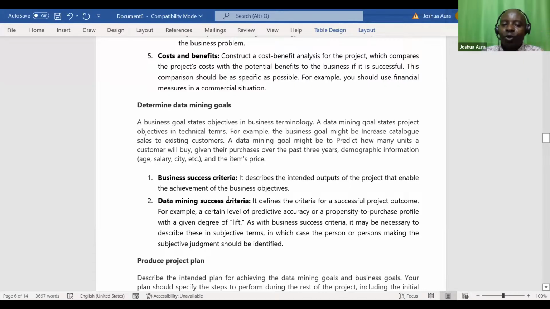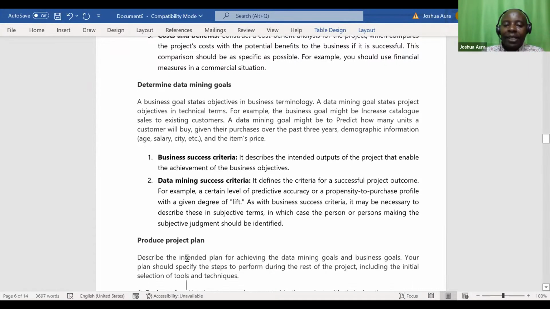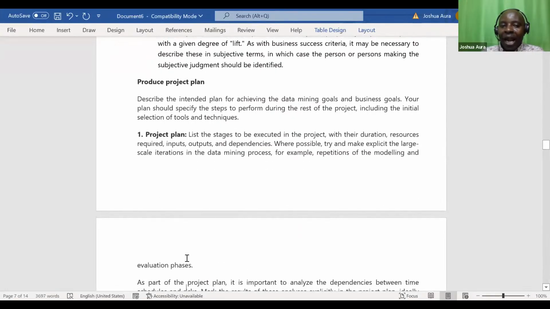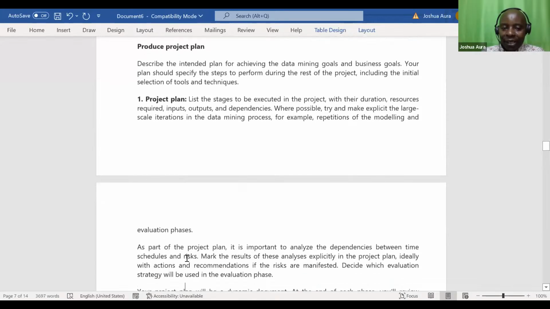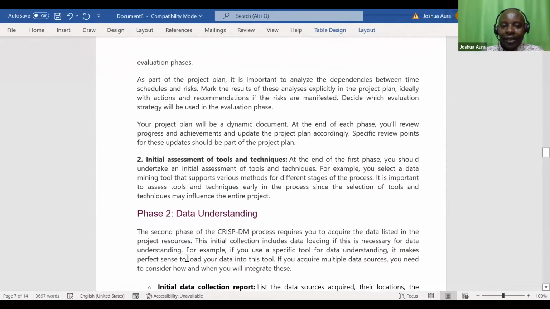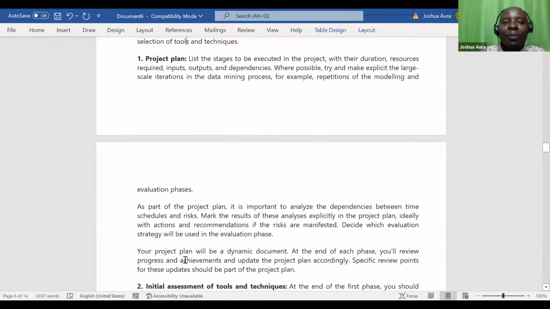Still, when I'm trying to do business understanding, I must produce, I'm repeating this again, I must produce a project plan. So the project plan is very, very important there. Project plan: list the stages to be executed in the project with their durations, the way we are drawing this particular network.